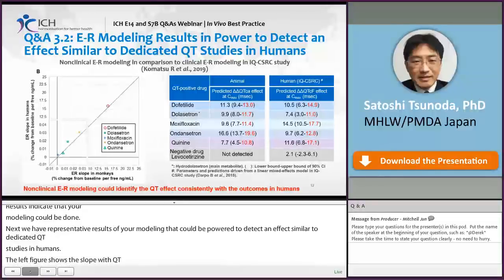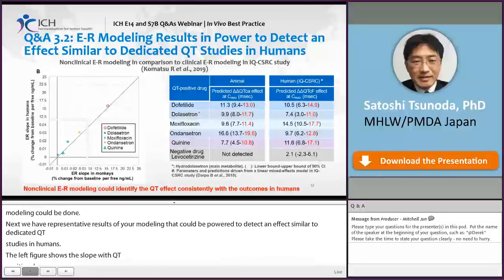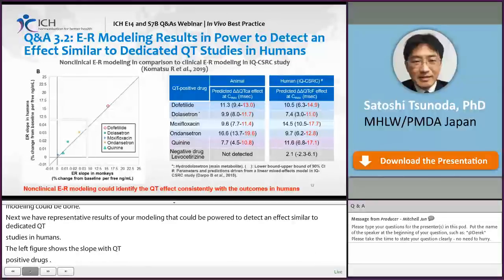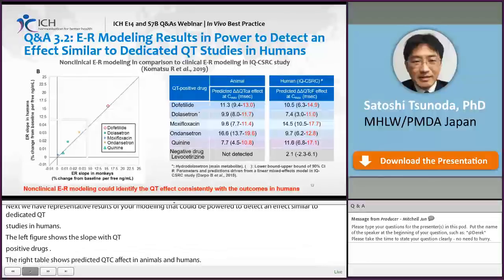Right table shows the predicted delta-delta QTc effect at Cmax in animals and humans. Non-clinical ER modeling could identify the QT effect consistent with the outcome in humans.